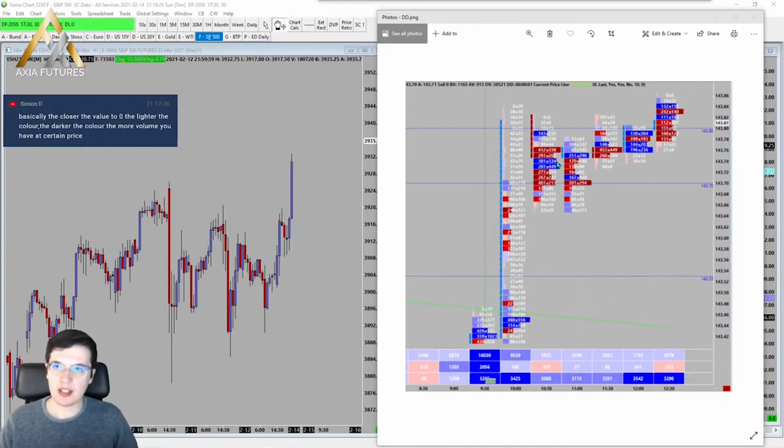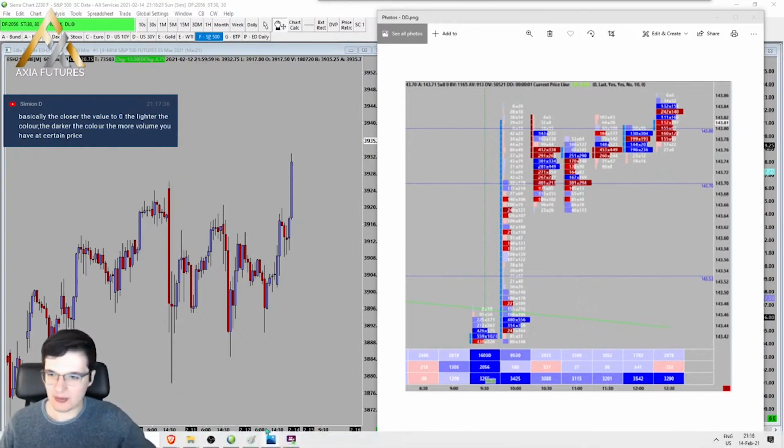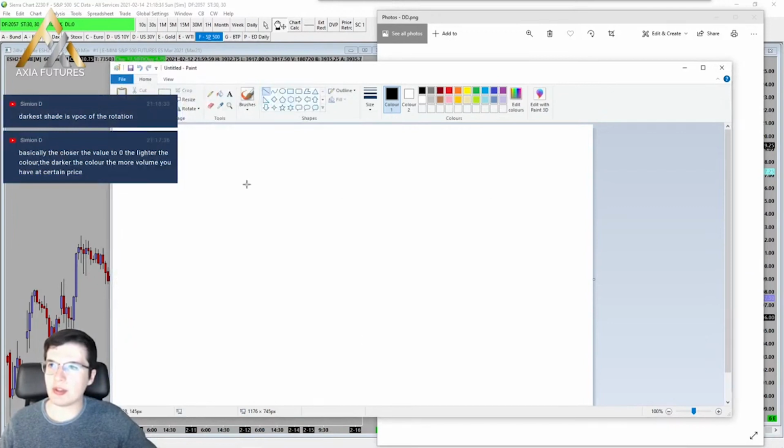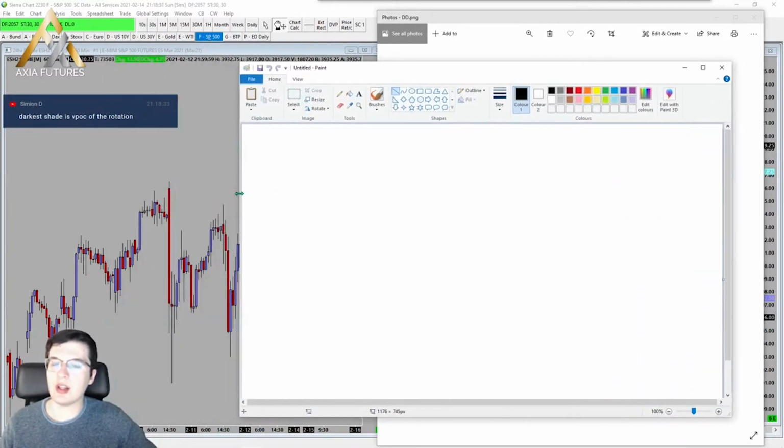Now, if you understand how double distribution days work, if I bring up Paint and bring a new one, for double distribution days you'll probably have the market spending a lot of time in here. Then there's some kind of news, some kind of change in information, and we get this very thin, very aggressive movement.